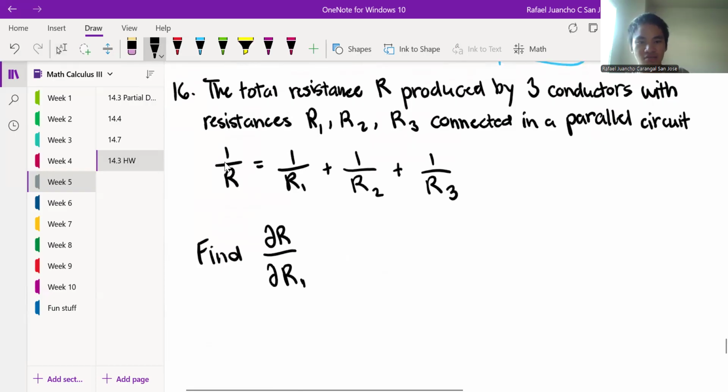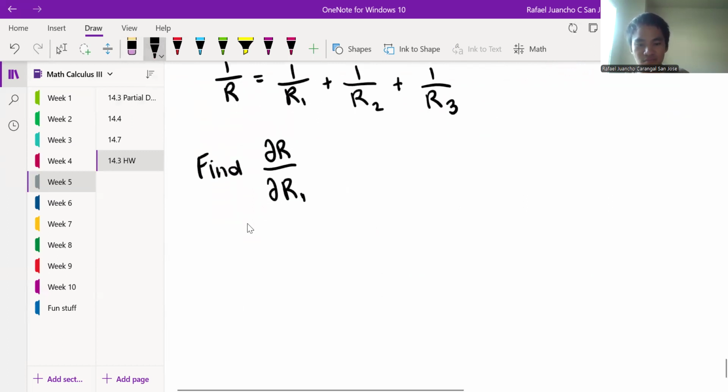This is technically the same as R inverse. So that's what he's saying.